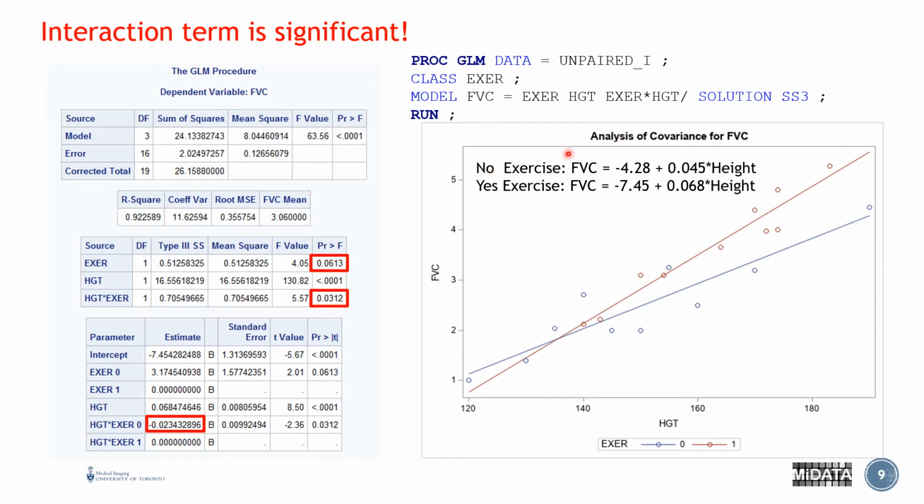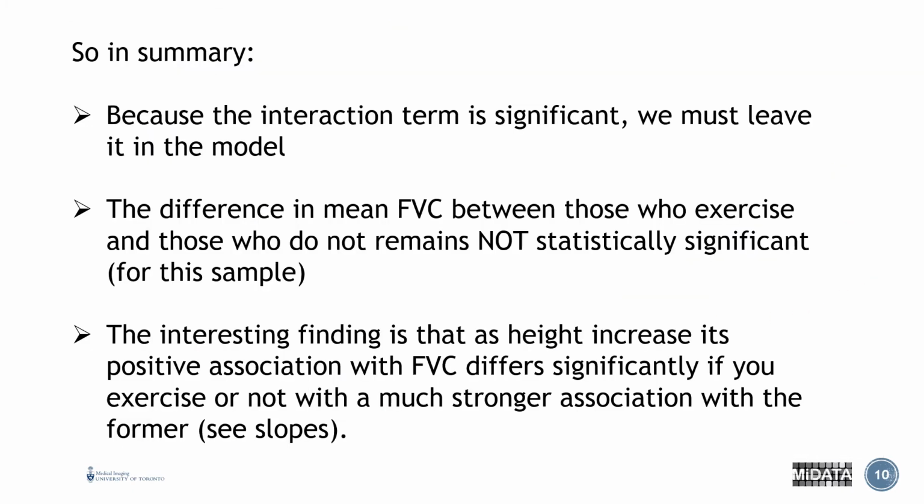But here's your graph that represents the two slopes, and inevitably, because the slopes are significantly different from each other, they're going to intersect. Now, sometimes they won't intersect on your plot because the slopes aren't dramatically different enough to see it on your plot. So in summary, because the interaction term is significant, we must leave it in the model.